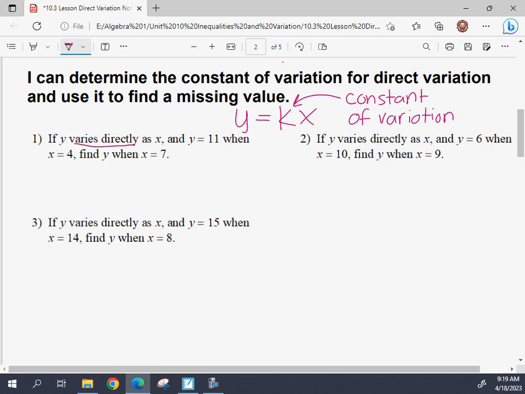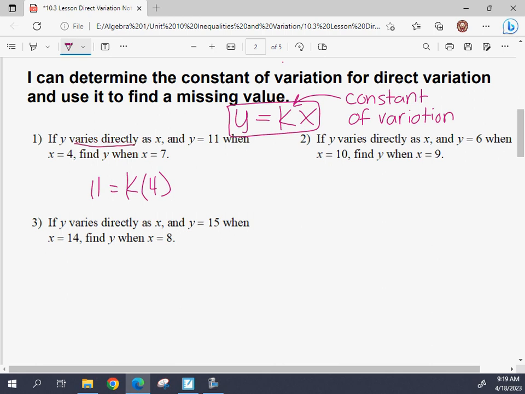to find values. And so we are told that y is 11 and x is 4. So we can use this formula to find k. So I'm going to plug in 11 for y. We're looking for k, and x is 4.